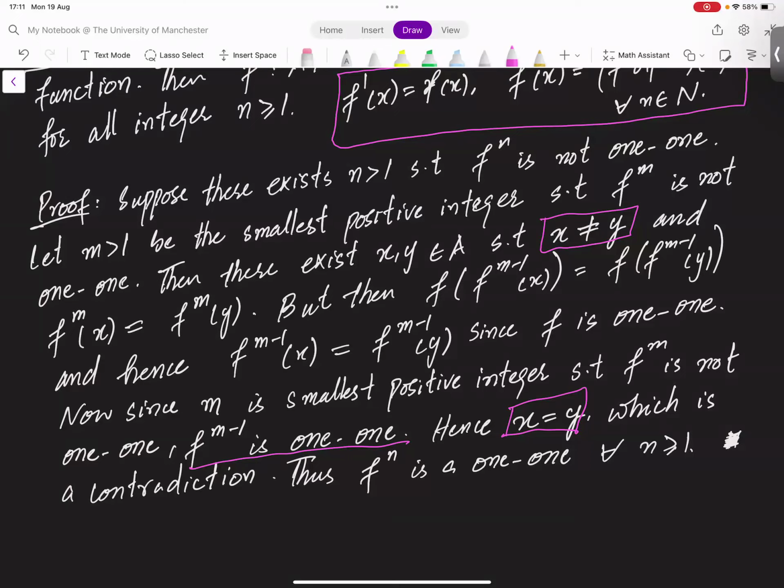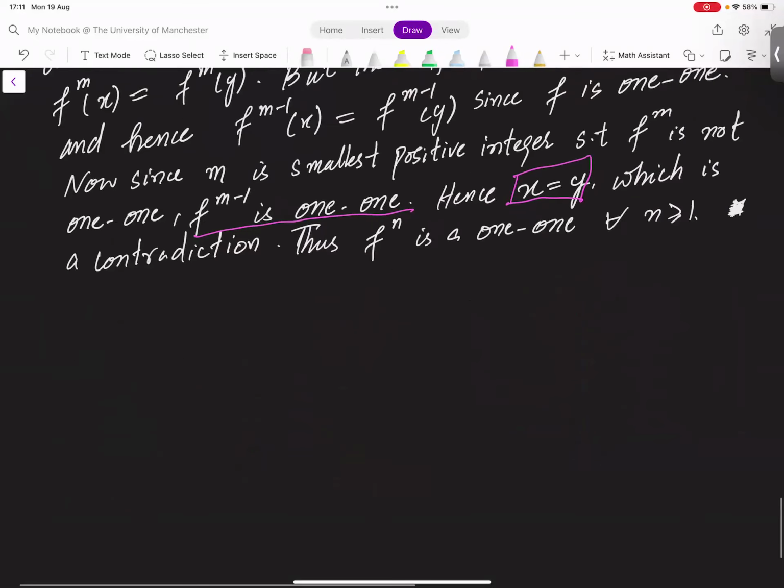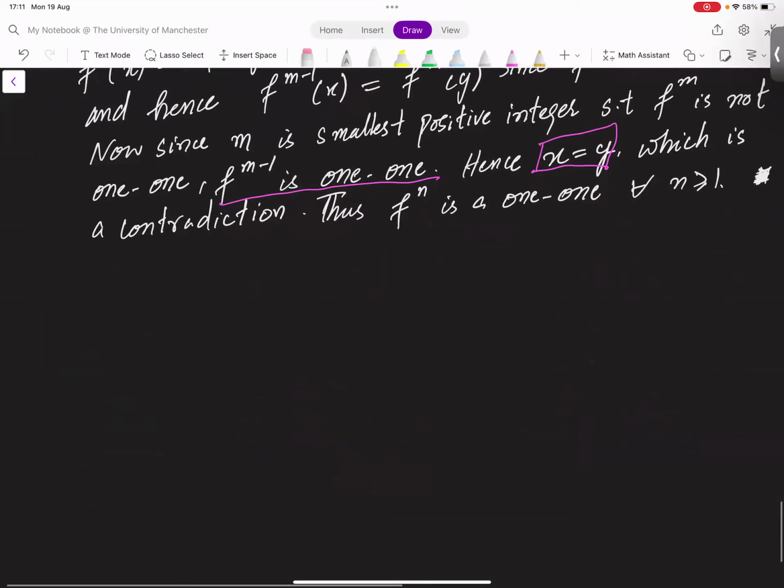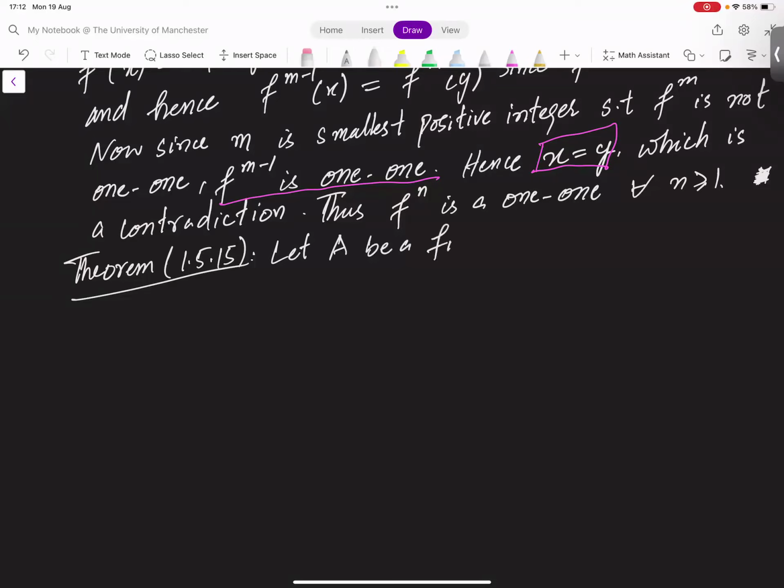We have another theorem. Theorem 1.5.15 says that let A be a finite set.